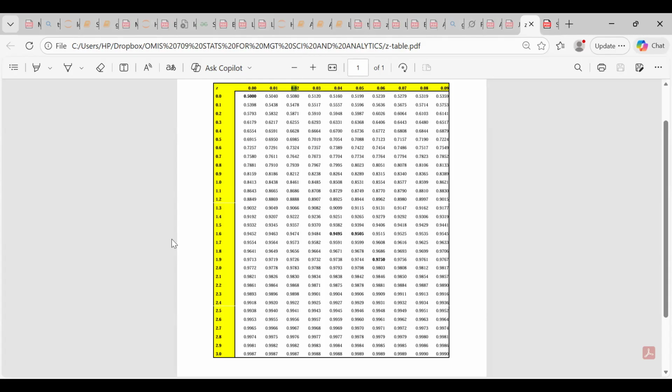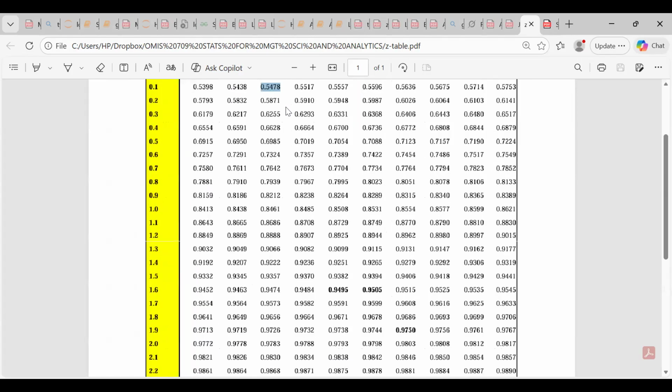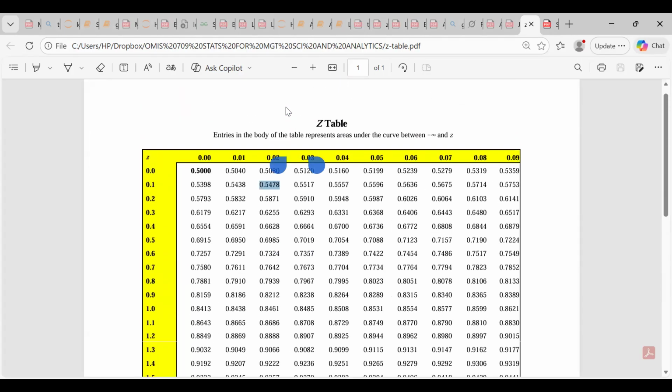So you subtract that from 1. What do you get? 0.4522. So that is a value that you get.